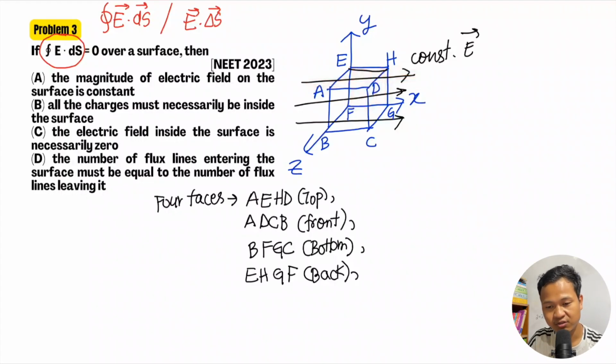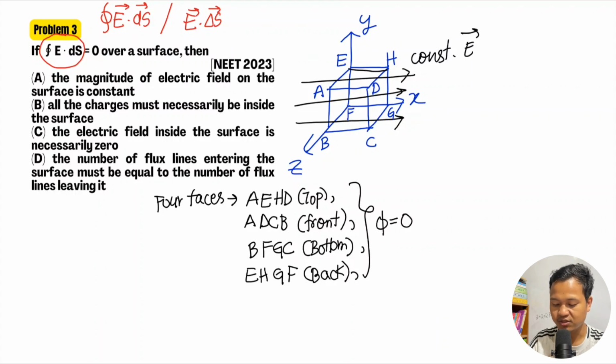See, if the electric field is this, the normal, the area vector, is like this, perpendicular to the field. Cos 90 is 0, so flux is 0. So in these 4 faces, the flux due to all of these faces is 0. They will not contribute.